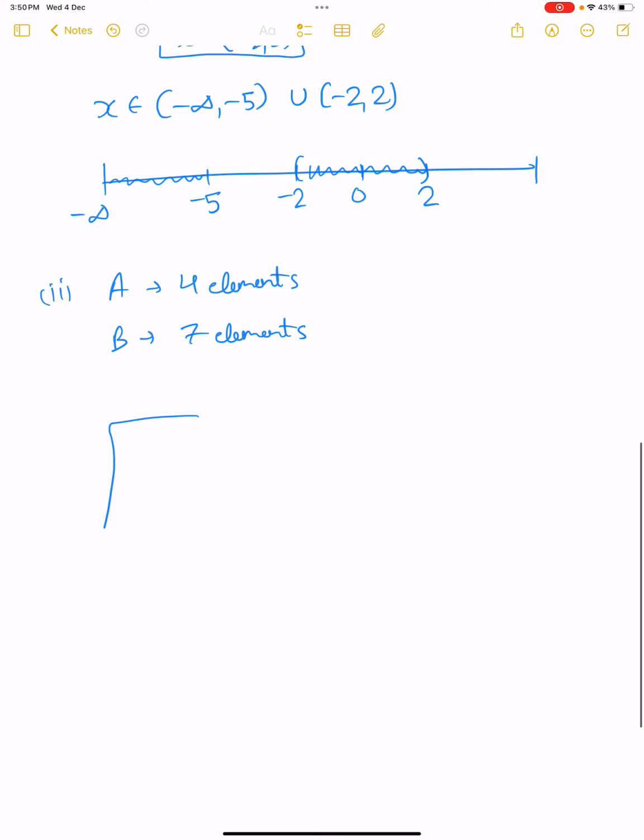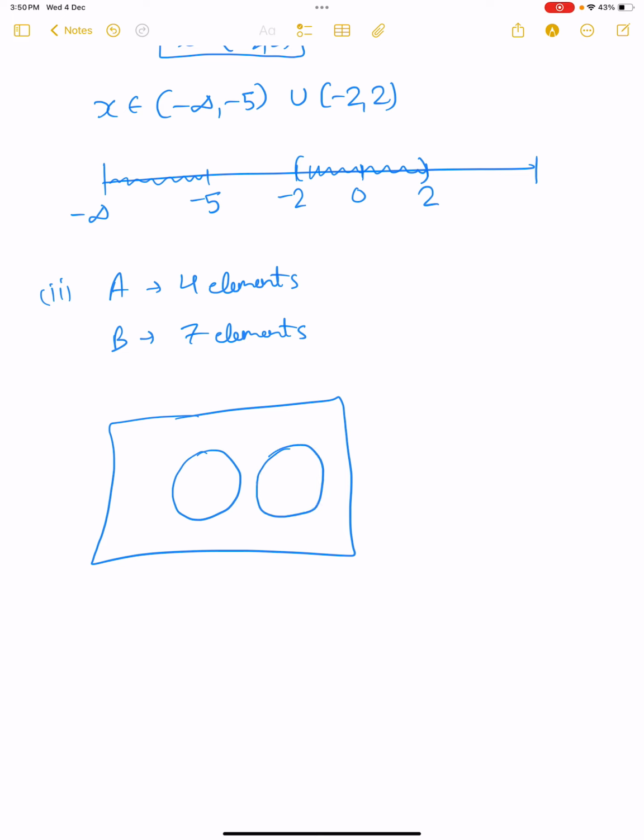Now with the help of the Venn diagram also, you can see the maximum number of elements would be possible if A and B don't have anything in common, which is when A intersection B is empty. So in this case, A would have 4, B would have 7, and the maximum elements possible would be 11.